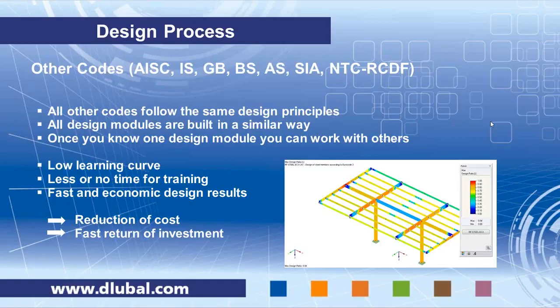That results in a very low learning curve. You need less or no time for training, and you still can get a fast economic design. At the end, if you are new and you're thinking about buying the software, it will reduce your cost and it will result in a fast return of your investment.